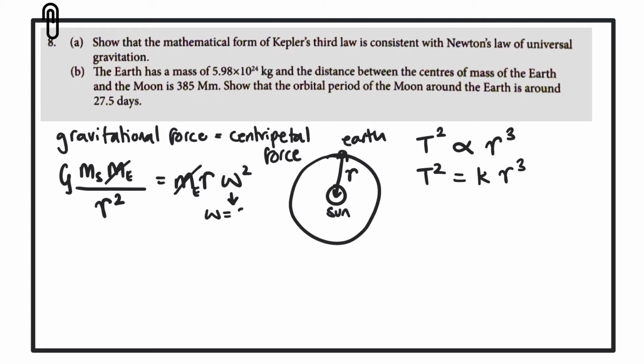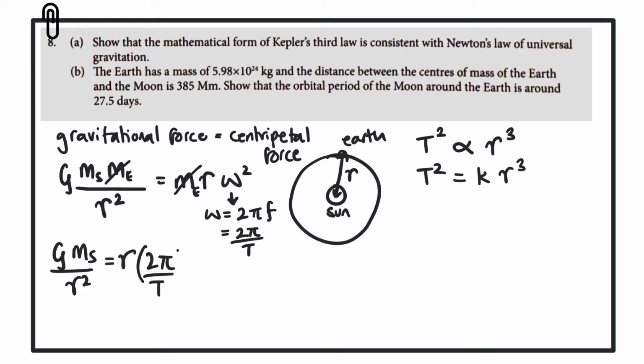So omega is equal to 2 pi f, f being the frequency, but since frequency is equal to 1 over T, we can also say that omega is equal to 2 pi over T. So I'm going to rewrite the equation, but instead of writing omega squared, we're going to put in 2 pi over T, all squared. That's leaving us with G Ms over r squared is equal to r times (2 pi over T) all squared.